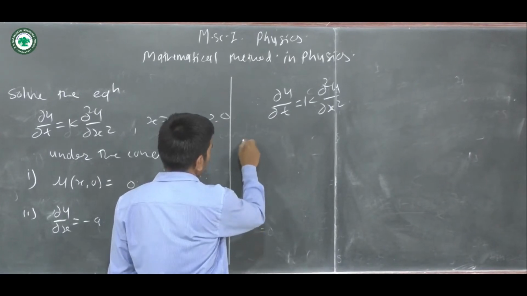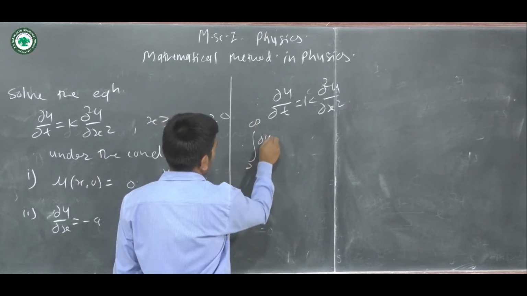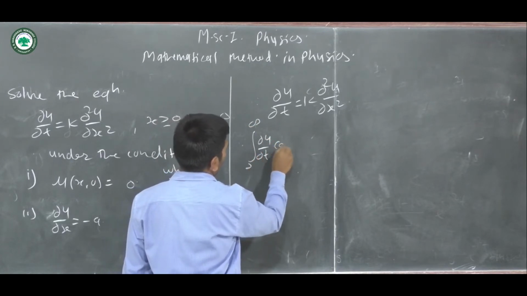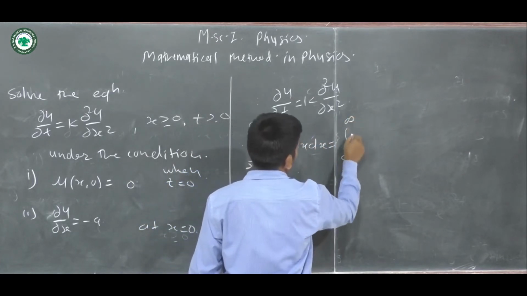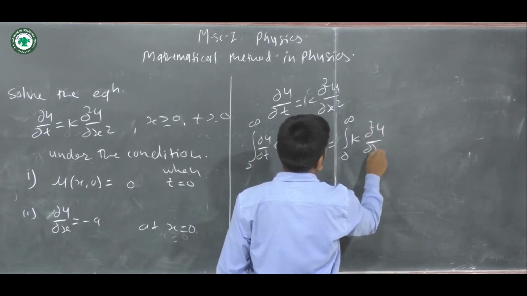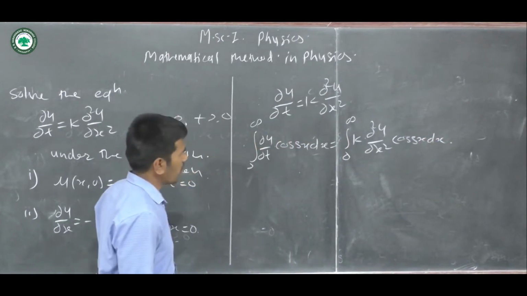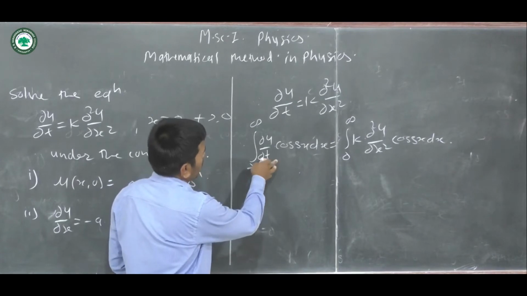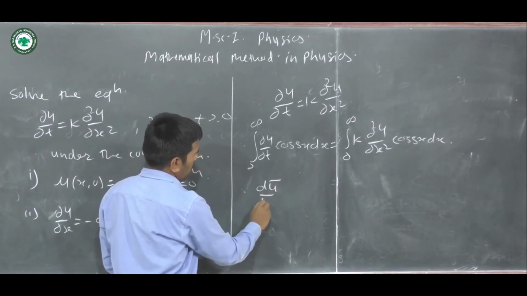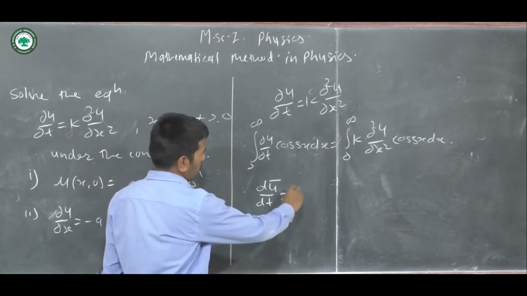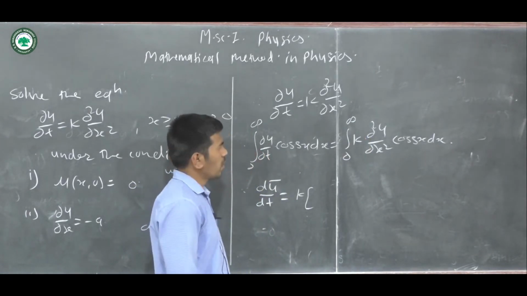This is given, so apply the cosine transformation, that is integration from 0 to infinity of dou u by dou t times cos sx dx is equal to integration from 0 to infinity of k times dou square u by dou x square cos sx dx. Okay, this is after applying the cosine transformation. Now we can write du bar by dt, and k times, we know the formula for dou square u by dou x square cos sx in the cosine transformation.